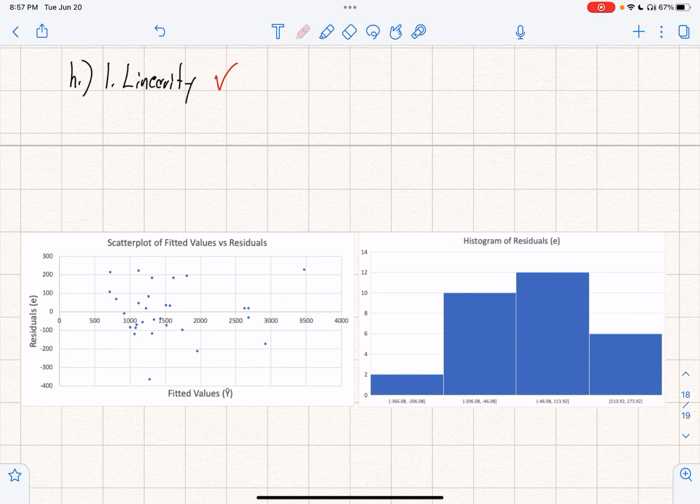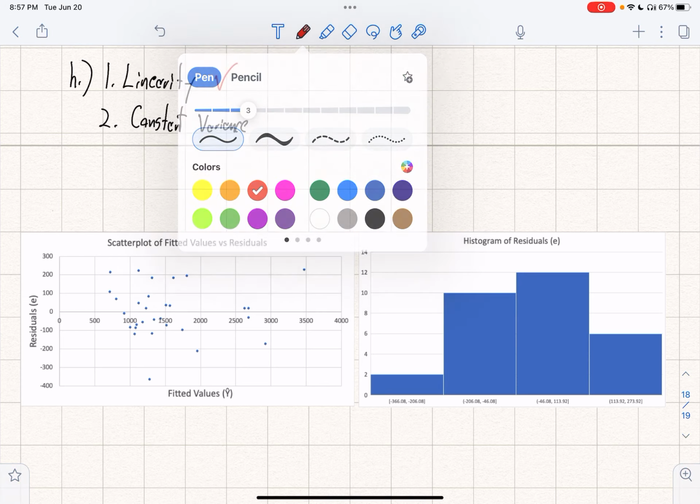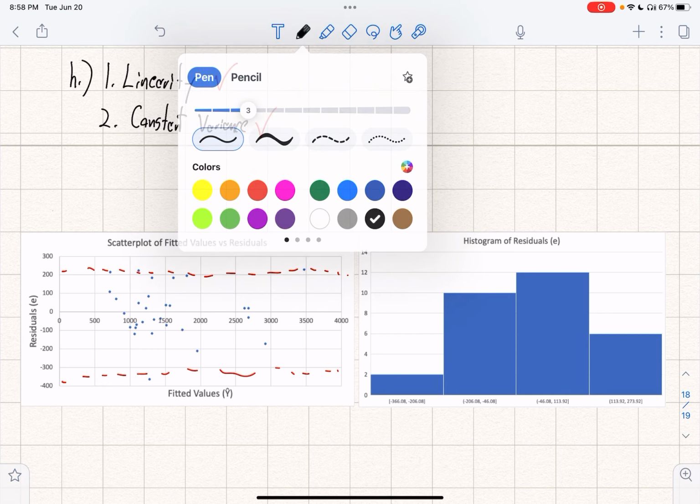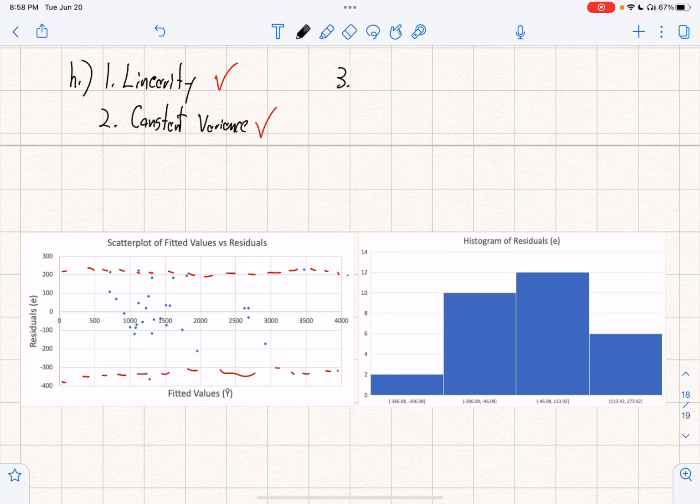Yes. Now we would want constant variance, or homoscedasticity. So constant variance, so it stays pretty consistent, where our max values are up here and our low values are down here. So yeah, we'll go ahead and say we have constant variance. Third, independence.